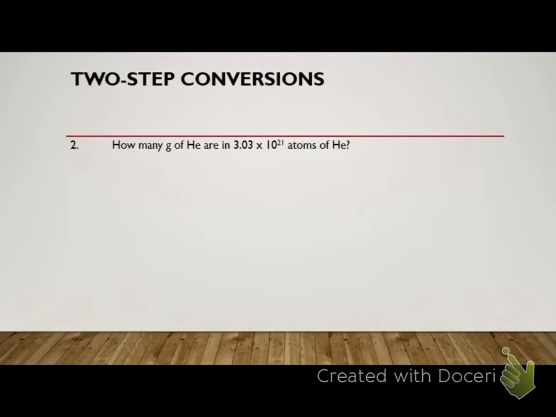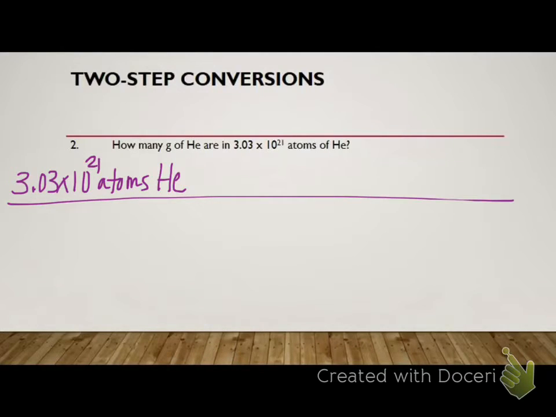Let's go from atoms to, that's ironic, it's helium. Oh, sorry. Okay, so we have 3.03 times 10 to the 21 atoms of helium, which is spelled with only one L. Yeah, I got it now.